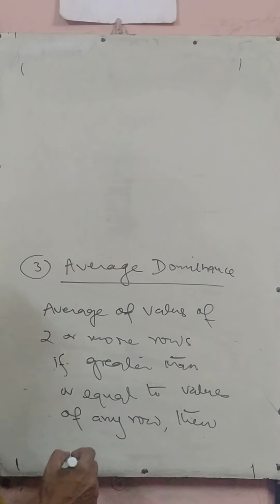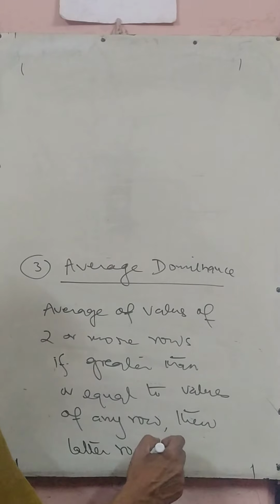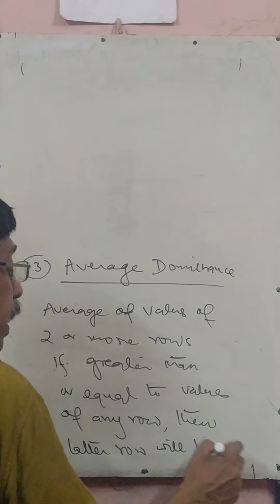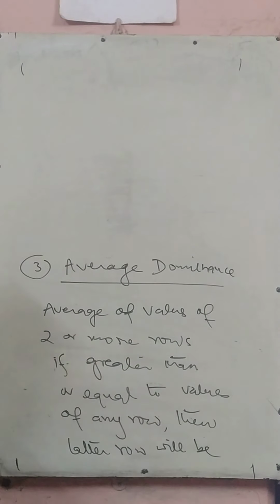That means the latter row will be dominated. The latter row, meaning the row having the smaller values, will be deleted or dominated. Dominated means deleted.